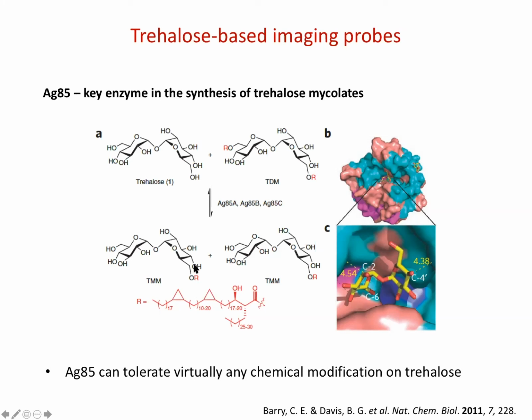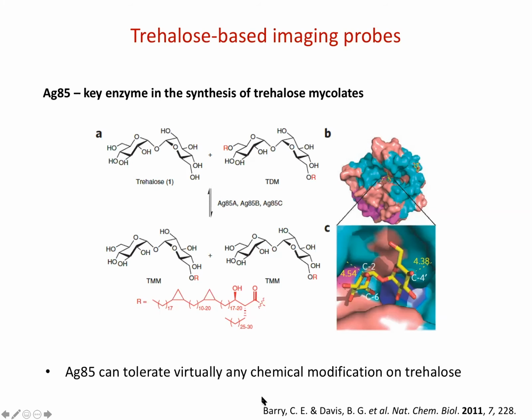They made a lot of trehalose derivatives, and one of the key messages from this paper is that Ag85 can tolerate virtually any chemical modification on the trehalose. Basically Ag85 catalyzed the trans-esterification reaction to turn trehalose dimycolate into trehalose monomycolate.